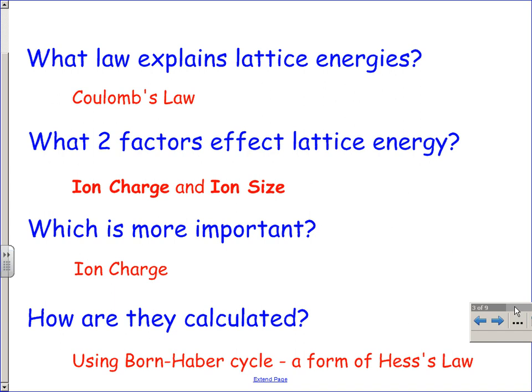While it's not a calculation that you're going to be doing, it is a calculation that you need to understand. When you look at the math, it's much more complex than the level of understanding you have to have about it. It's really a fairly simple way to calculate the actual lattice energies of different ionic compounds.